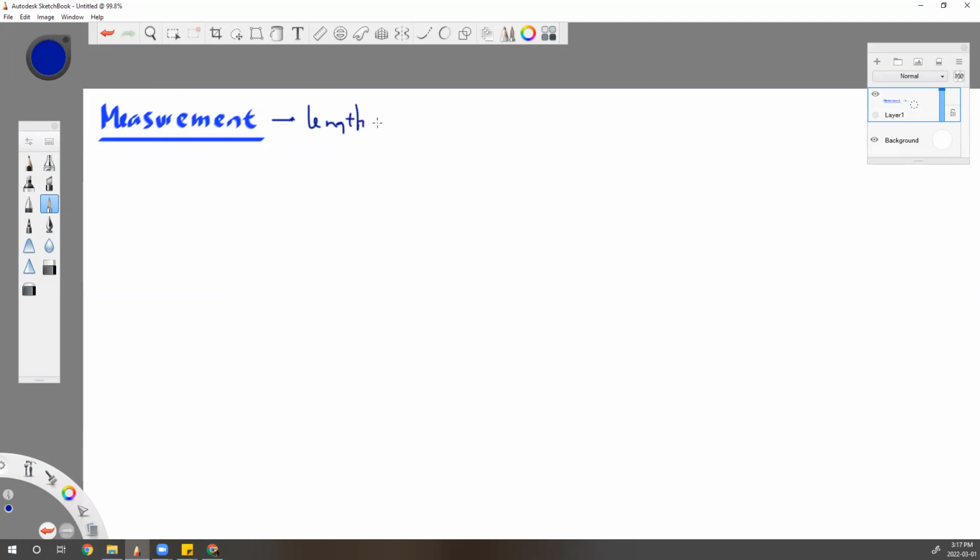The measurement of length has two parts. First is the customary, and second is the metric unit. Customary is the unfamiliar part.